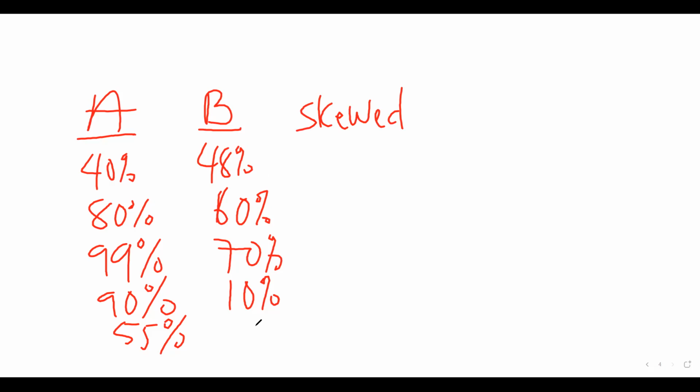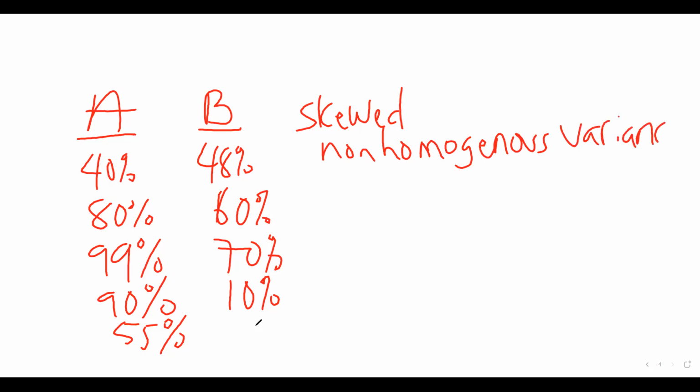The variance is not common. So, non-homogeneous variance. These things are embedded already. When we say the data is not normally distributed, that means that it is skewed. Non-normal is skewed.